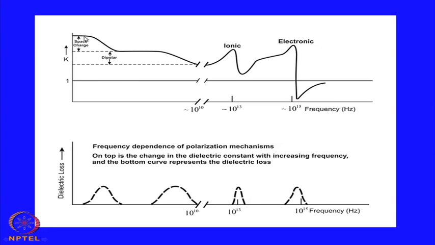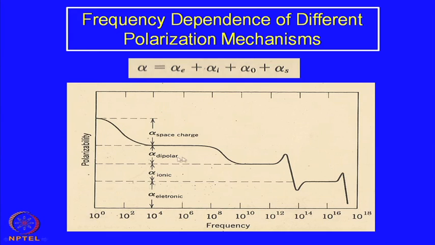You have a space charge polarization, you have dipolar polarization, and then you have ionic polarization and electronic polarization. In these 2 cases, of course, as in the earlier case also, there is a peak through which it goes. It is slightly different from the other 2. Okay. So, it has a resonance peak here, and therefore, they behave slightly differently.